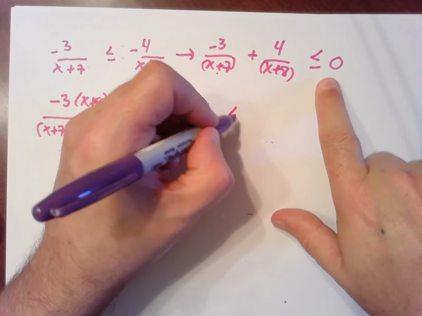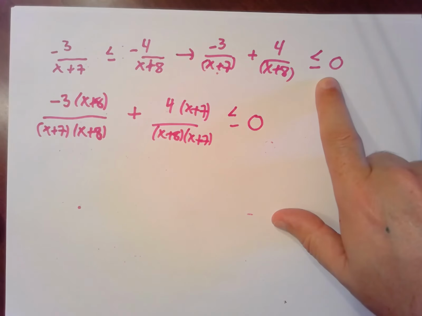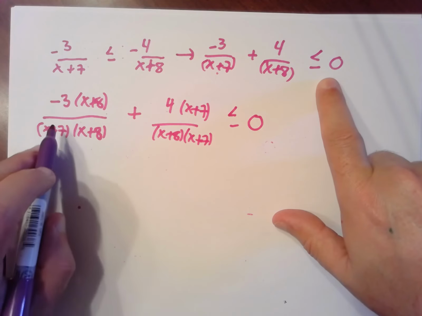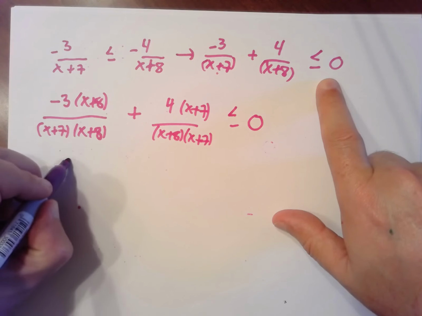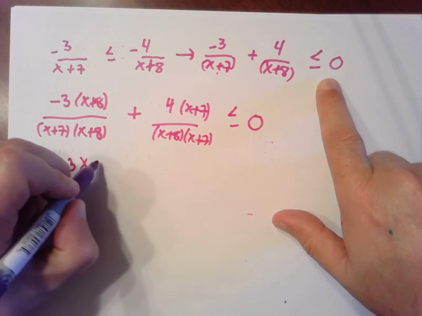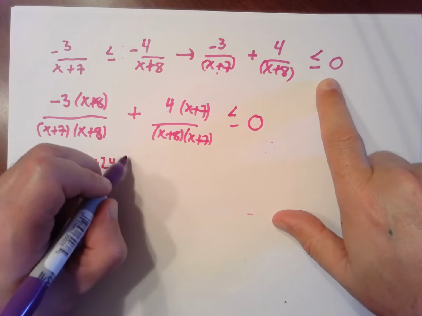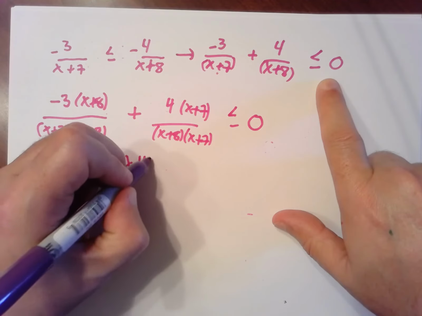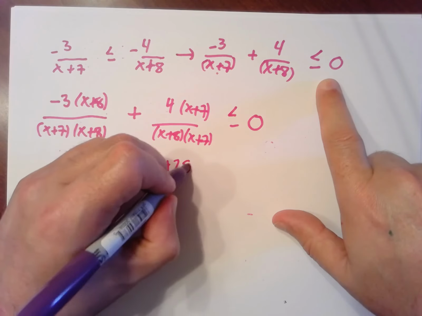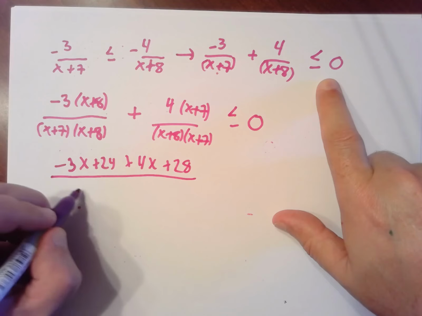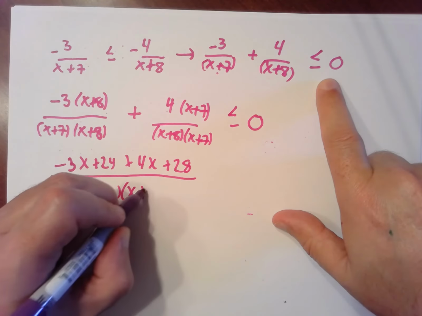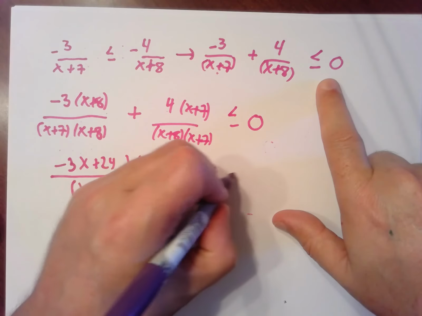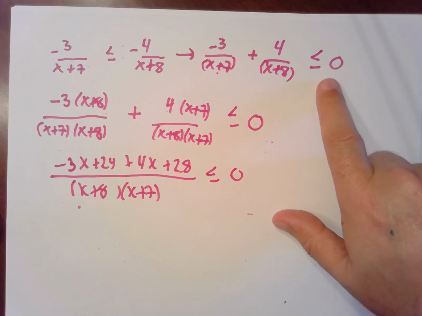Don't forget about this. Okay, now I've got a common denominator. I'll be able to add the numerators, so let's distribute. I'll get -3x plus 24 plus 4x plus 28 all over this stuff here. And that's supposed to be less than or equal to 0.